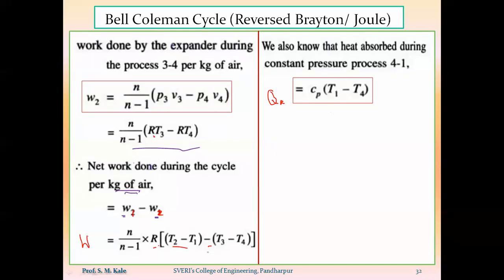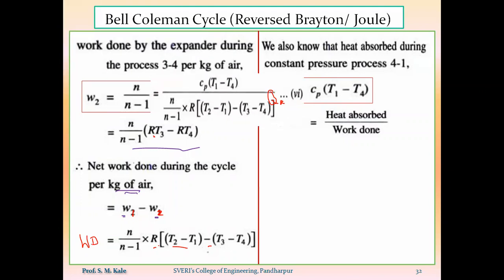Now as we got the values of QA, heat absorption, and net work done, I can use the formula of COP. COP is equal to heat absorbed divided by net work done.